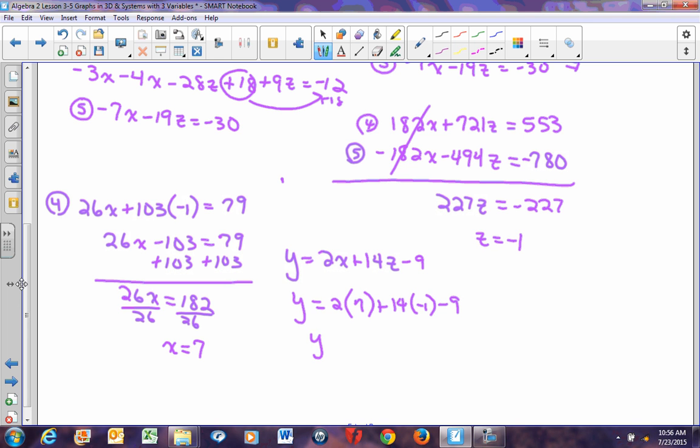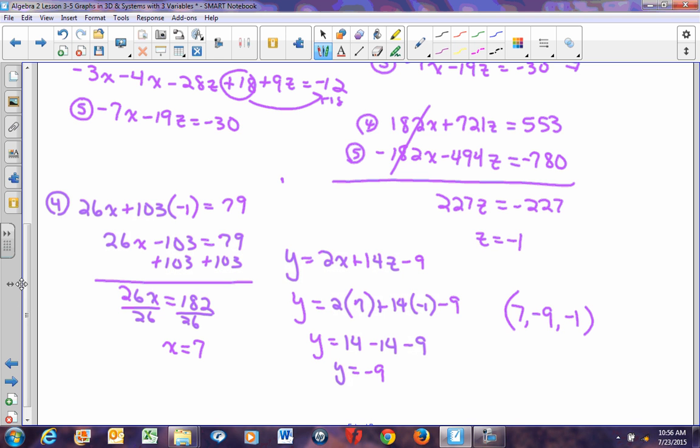So y equals 14 minus 14 minus 9. So y equals -9. So our ordered triple for this one is 7, -9, and -1.